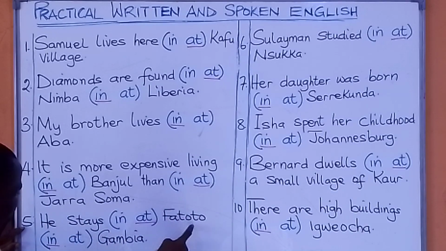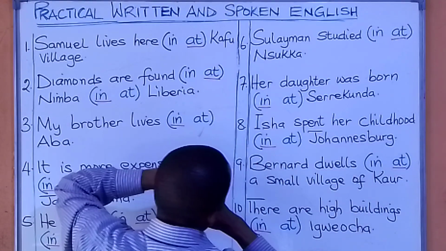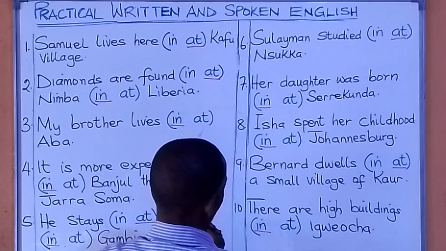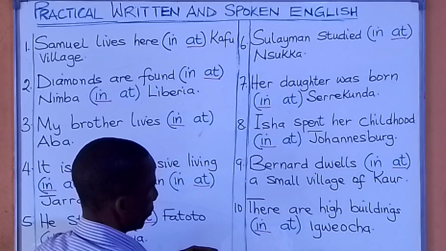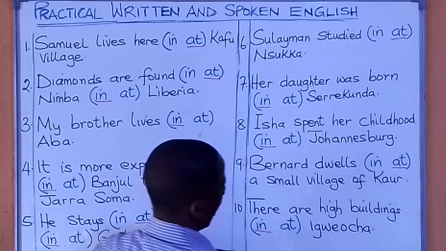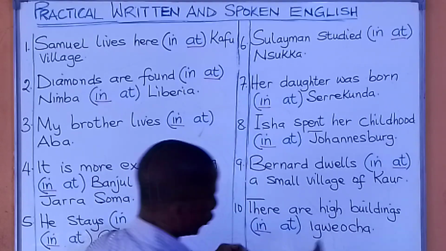He stays at Fatoto in Gambia. Suleiman studied at Nsuka. Her daughter was born in Serekunda. Aisha spent her childhood in Johannesburg. Bernard dwells at a small village of Kauru. There are high buildings in Iguacha.